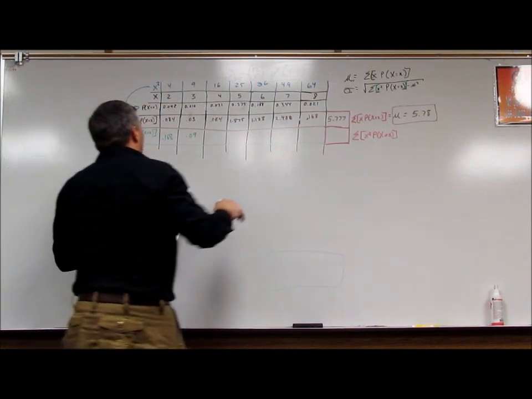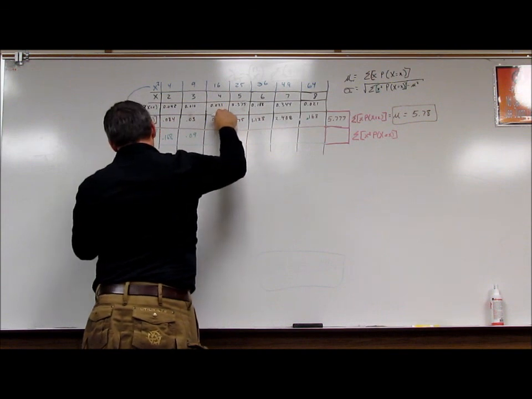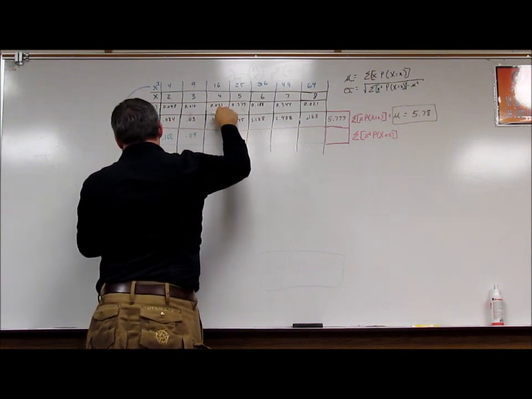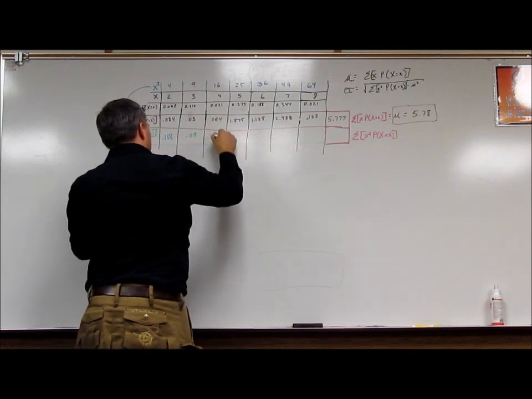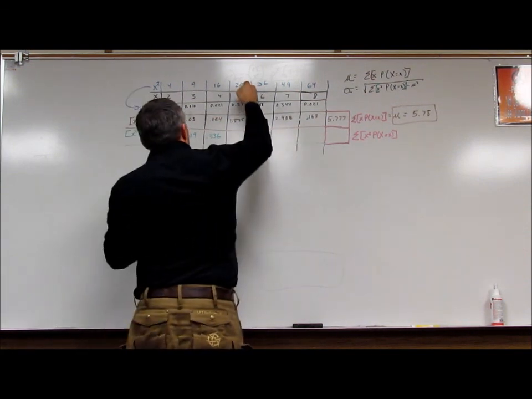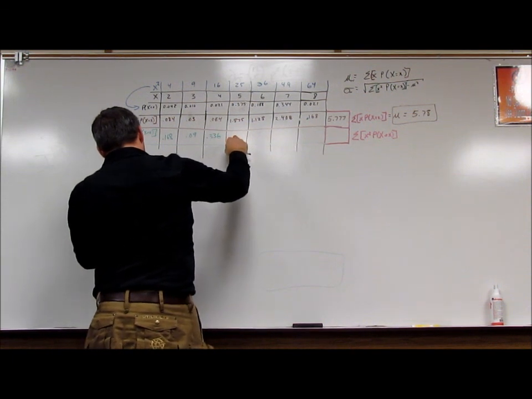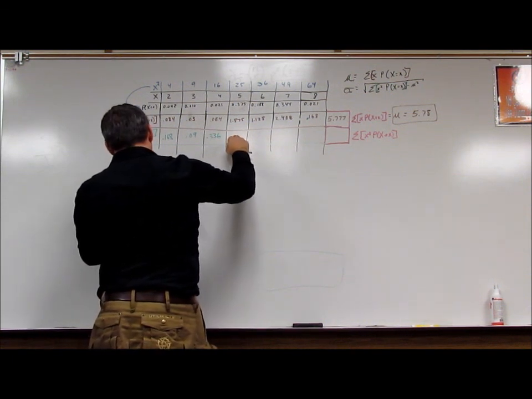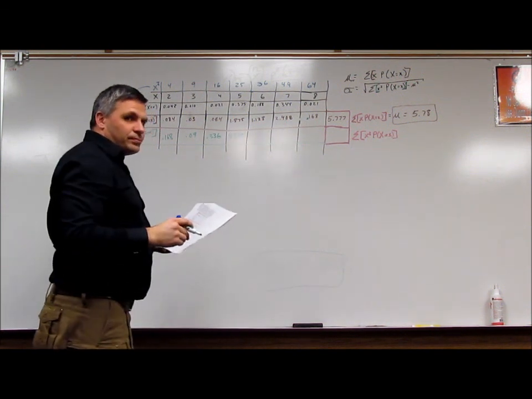When we take 16 times 0.021, we get 0.336. And again, 25 times 0.375, we get 9.375.